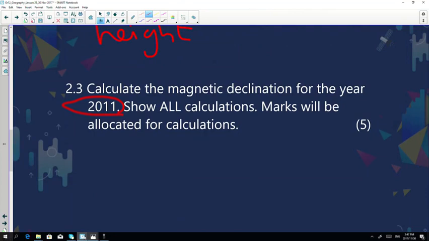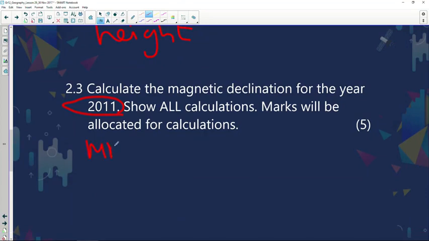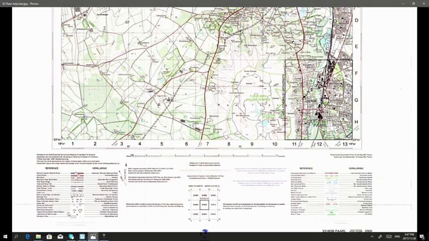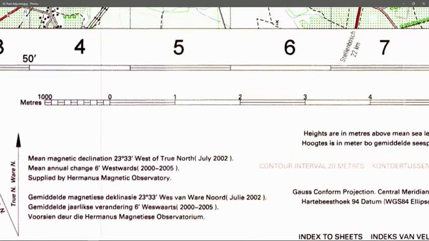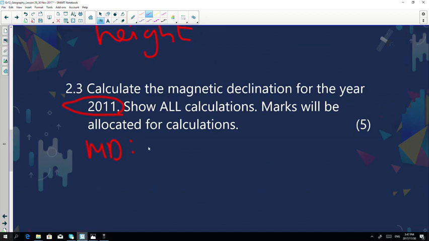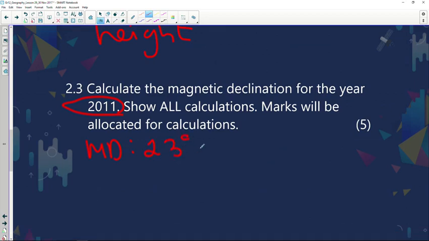The magnetic declination for the Paarl map is 23 degrees 33 minutes, and this map was drawn up in 2002.